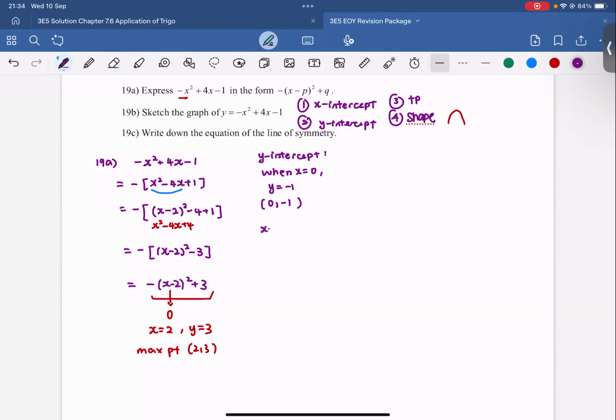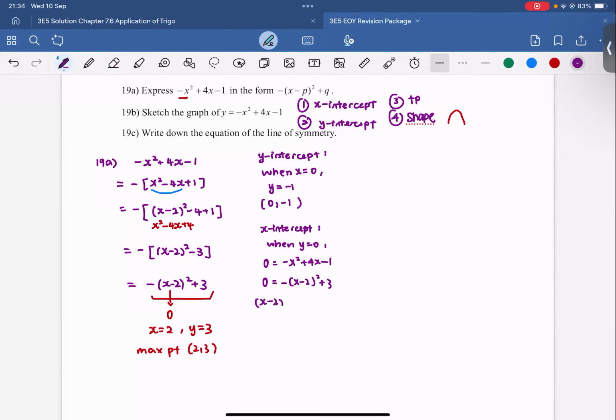How to find the x-intercept? X-intercept means where it cuts the x-axis. That is when the y-coordinate is 0. So 0 equals to this. We can use the completed square form to find.